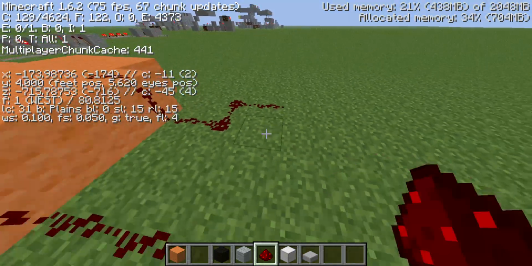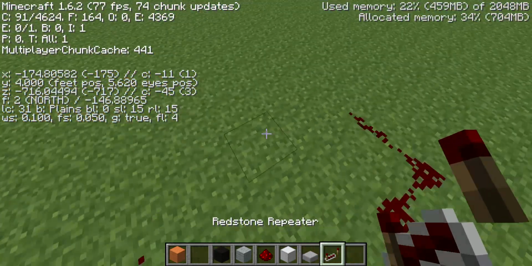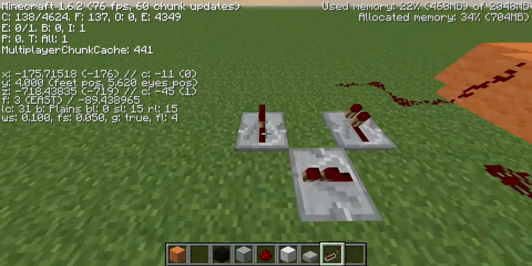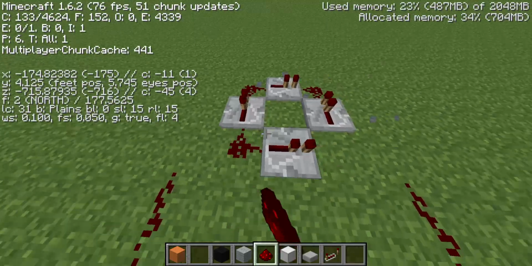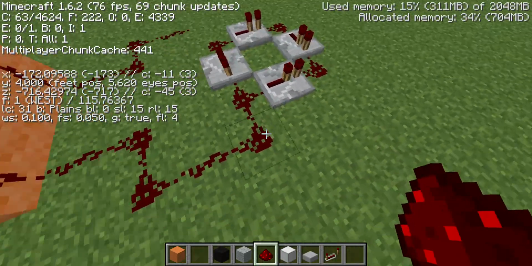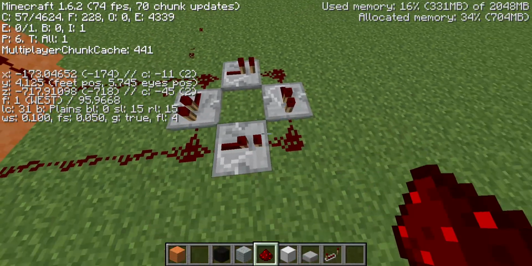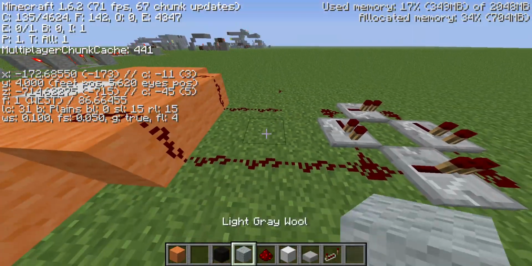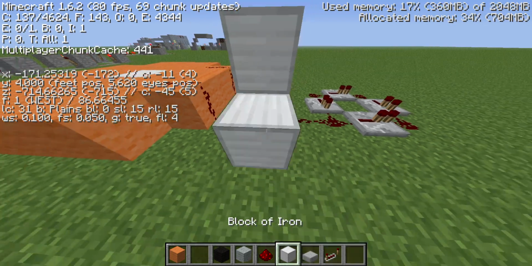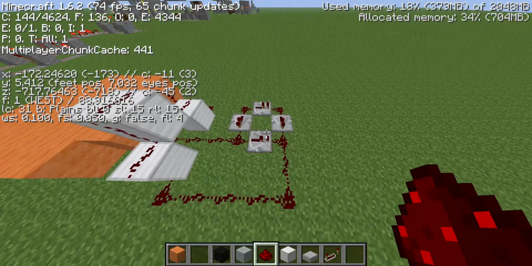Then that redstone dust is going to go into a thing that basically looks like this. That goes into there. And we'll use iron right here for an example, okay?